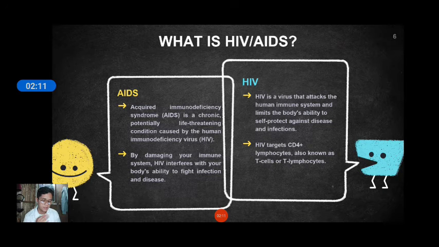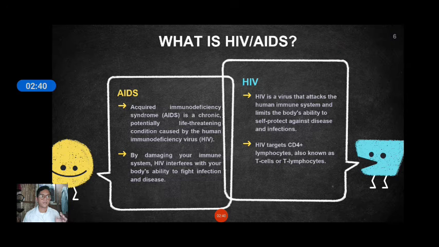HIV is a sexually transmitted infection or STI. It can also be spread by contact with infected blood or from mother and child during pregnancy, childbirth, or breastfeeding, and it can also be transmitted by means of unprotected sexual intercourse.